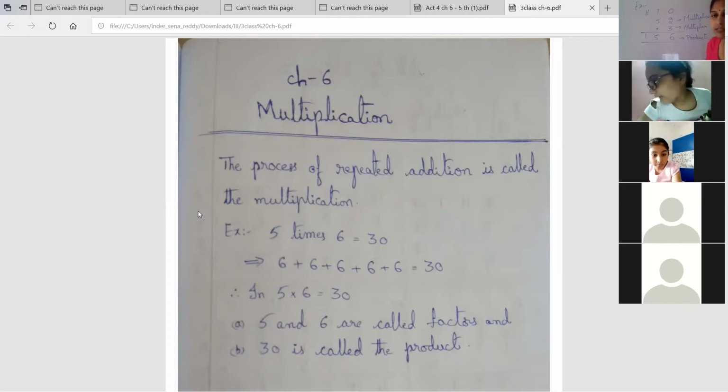Ma'am, those who have completed, that also we have to write? That only you have to write. You have 3 points under properties of multiplication with examples in the clouds. So from each cloud, you take two examples.